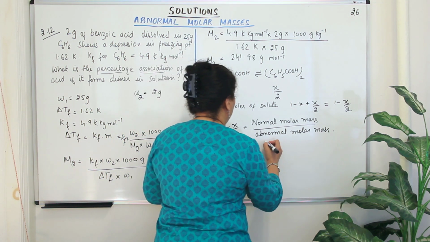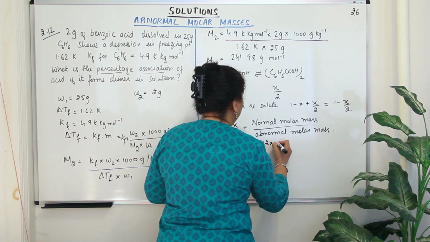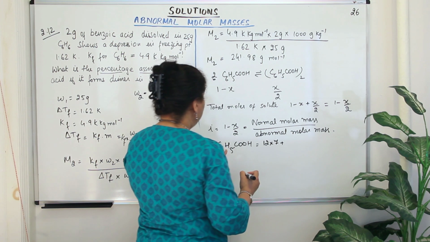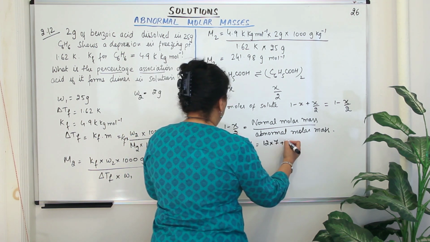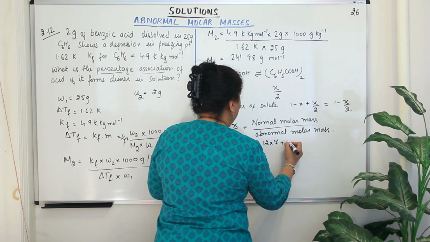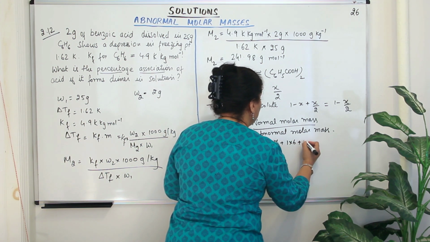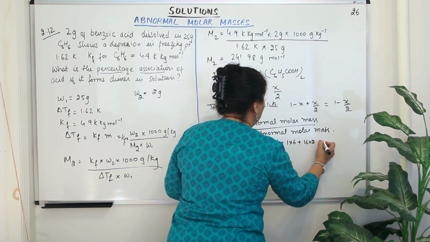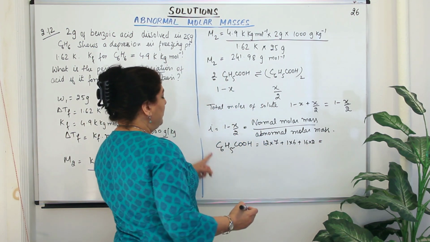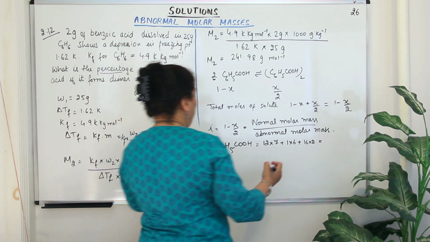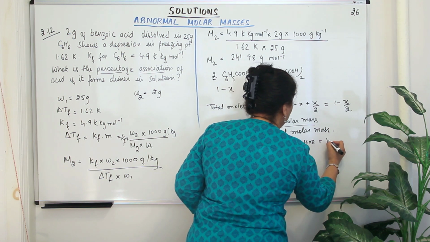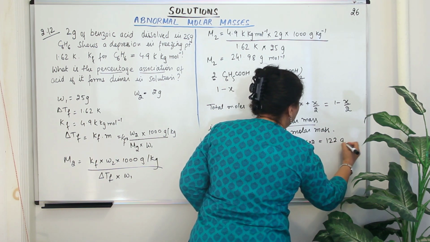There are 7 carbons. The mass of 1 carbon is 12 into 7, plus 6 hydrogens, the mass of 1 hydrogen is 1 into 6, plus 2 oxygens, the mass of 1 oxygen is 16 into 2. And when you calculate this, the molar mass of C6H5COOH, that is benzoic acid, comes out to be 122 grams per mole.